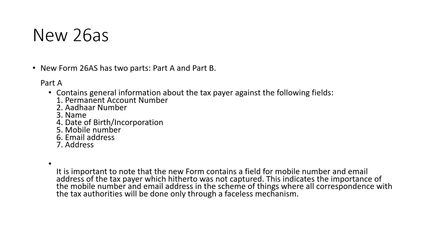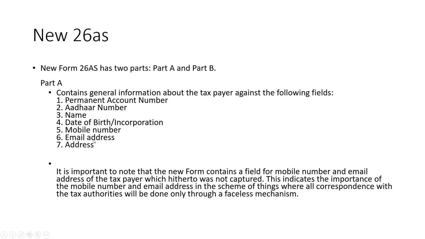And the mobile number, email address, all these things are new changes. Before 1st June, 26 AS did not incorporate these things. Now the new 26 AS will also disclose all these personal details.